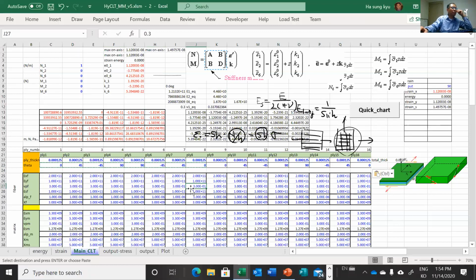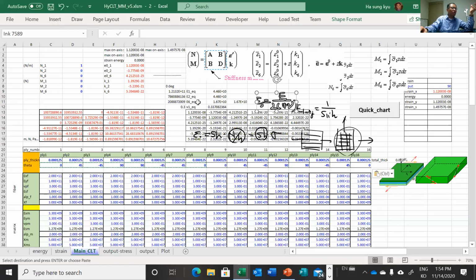Why is it isotropic? Let's take a look at it. The E1 direction and E2 direction are the same. And also the shear modulus is exactly given by this equation, meaning that this is isotropic.